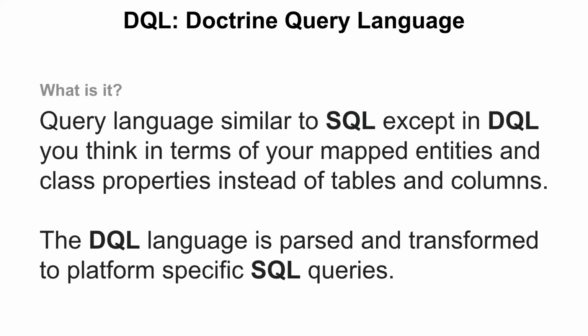In DQL, you're thinking in terms of classes and objects and the properties on those objects. And you may have a column in the database with a different name, but it's mapped to a different property name in the class.